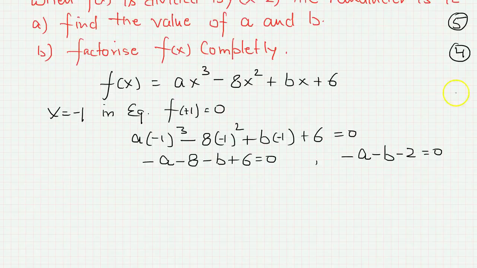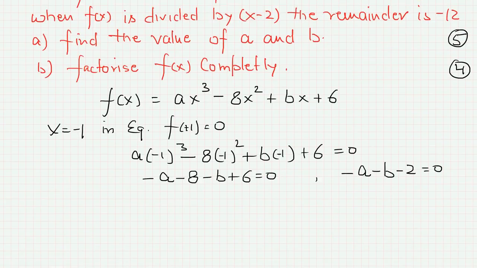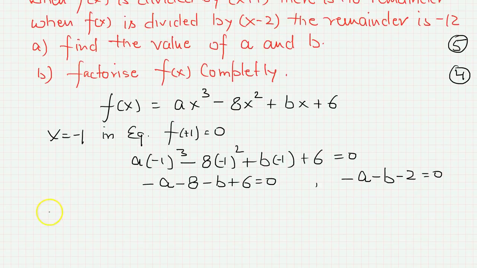Now let's take next condition. It says then when it is divided by x minus 2, we are going to put x is equal to 2. The remainder is negative 12.